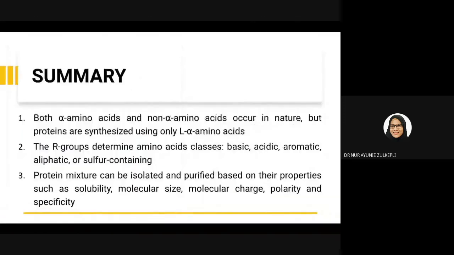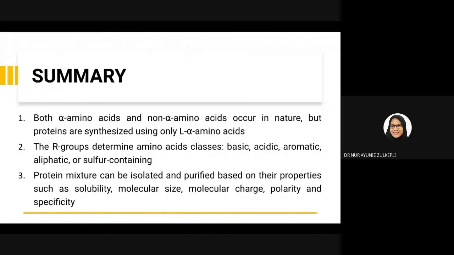All right. So the summary for today's lecture is that you have to know both alpha amino acids and non-alpha amino acids occur in nature, but proteins are synthesized using only alpha amino acids, except for glycine. I already explained it in the amino acid configuration just now.